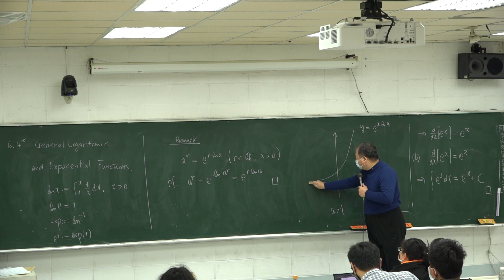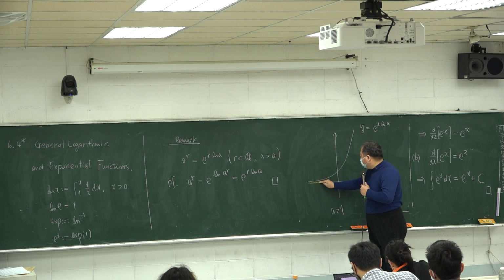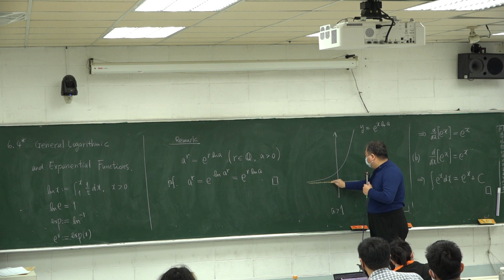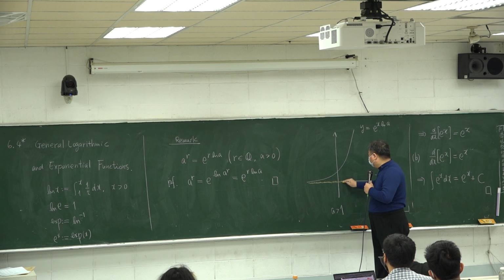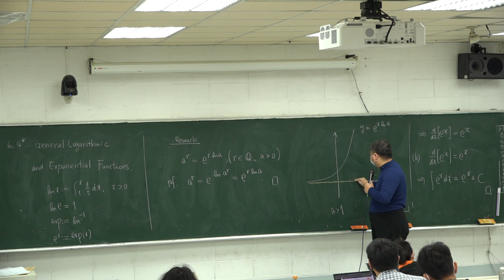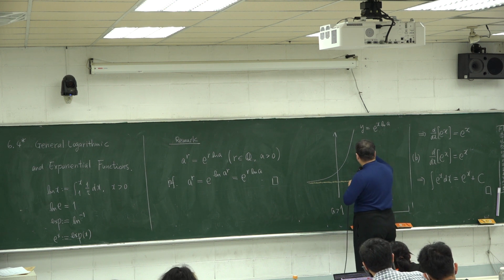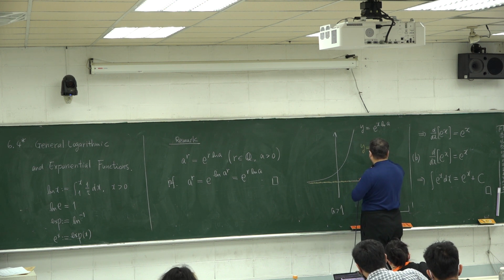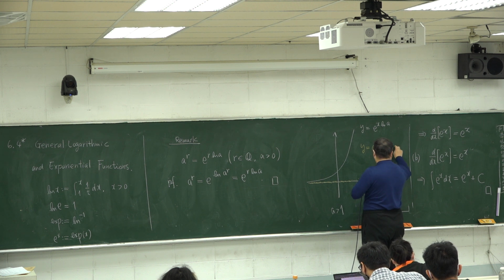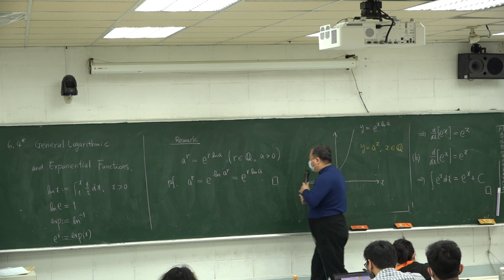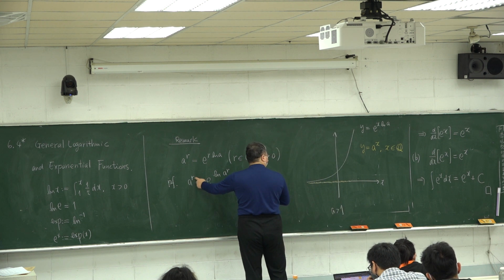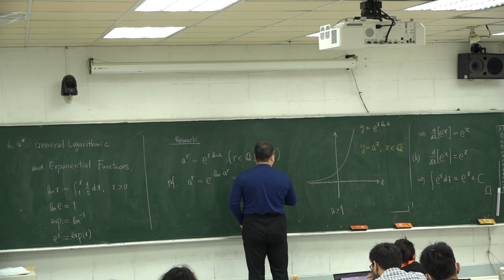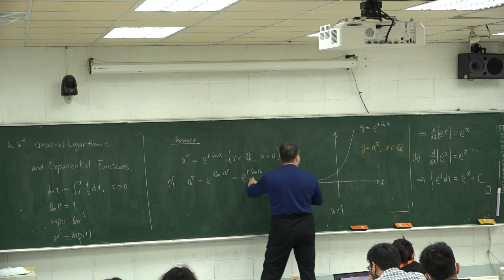So rational numbers stand in the real number line. And if x is a rational number, this one and this one are the same.